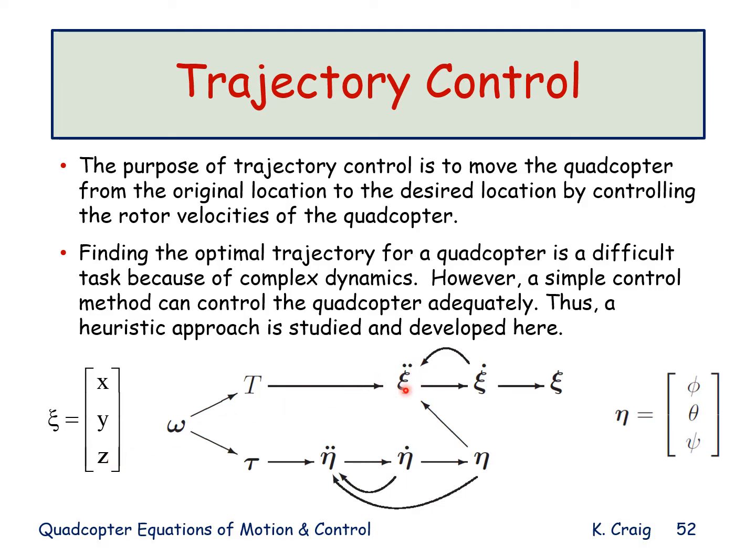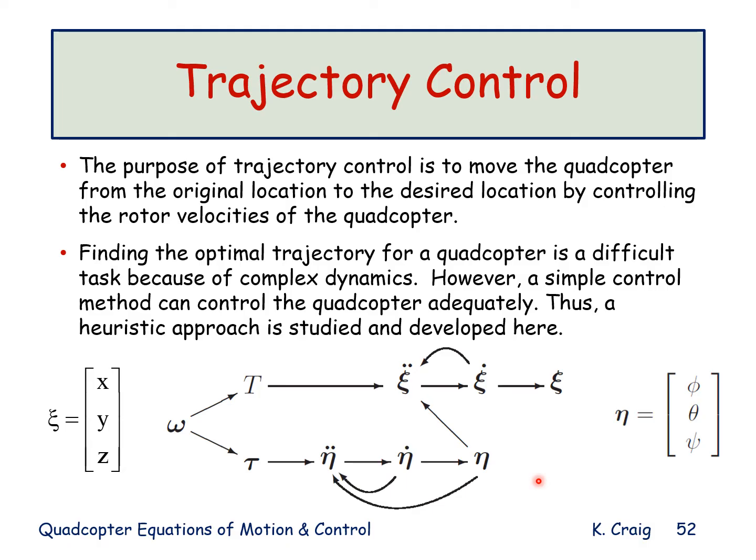And these then can be integrated with information from the linear velocity to get the linear velocity, and then integrated again to get position, x, y, and z.